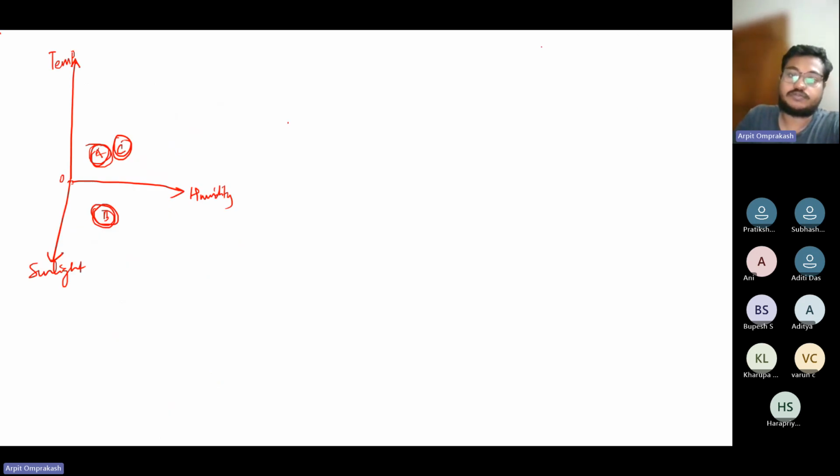So what do we mean? Let's say now we just flatten all these axes.